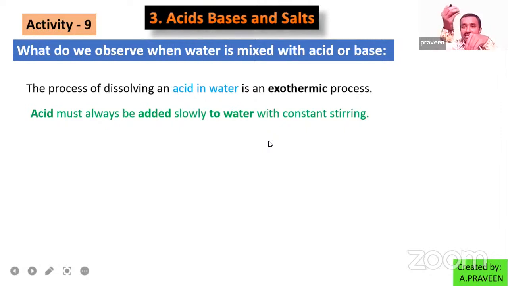If that acid falls on your skin, on your face, it corrodes your skin, burning. Right? So that's why acid must always be added slowly to water with constant stirring.